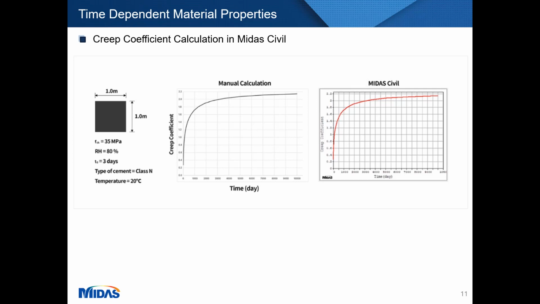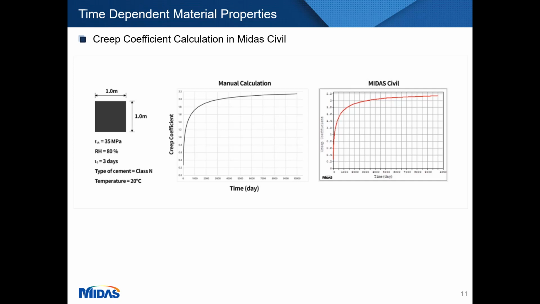Relative humidity we have considered as 80%, the time of loading, since when creep needs to be considered, is 3 days, the type of cement is class N, and temperature is 20 degrees. Based on the formulation discussed in the previous slide, here we have drawn a graph of creep coefficient with respect to time as per the manual calculation shared in the previous slide.